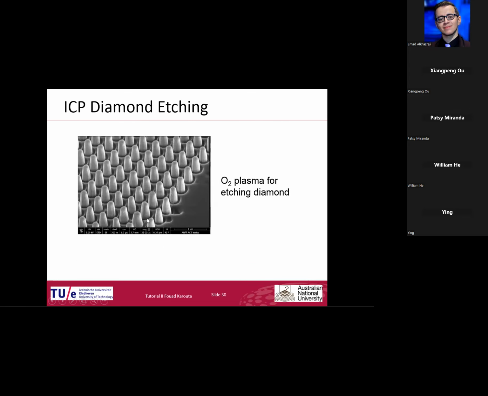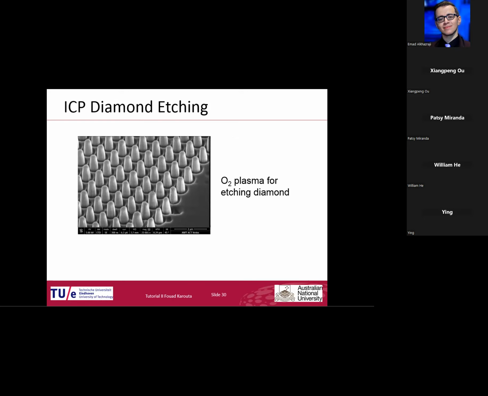Here I had one time a user who wanted to etch diamond. As you know, diamond is basically carbon atoms. So how do you etch carbon? At the beginning I mentioned the three chemistries, but of course you have oxygen as well. Carbon you can etch very easily with oxygen because you form CO2, which is volatile even at room temperature.